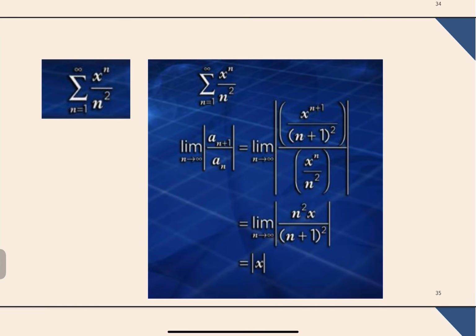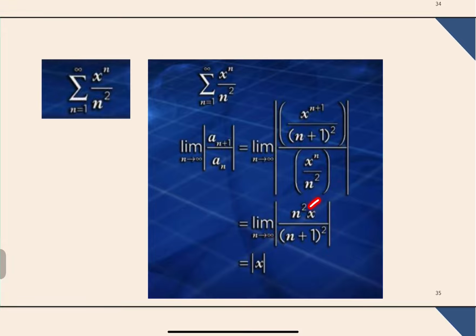Then we flip the fractions and cancel the x's, so we're left with just a single x in the numerator. Then we have n squared over the quantity n plus 1 squared. And then we ask what happens as n goes to infinity of the absolute value of this expression.